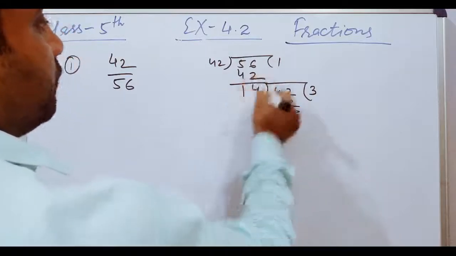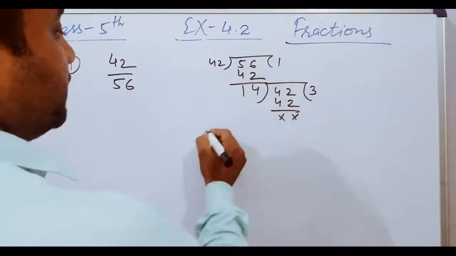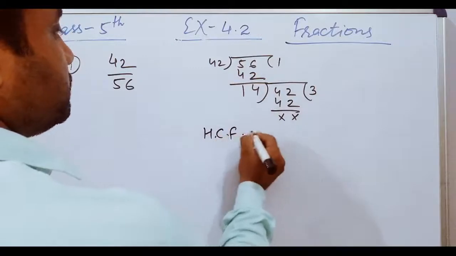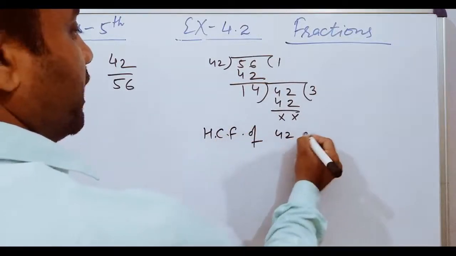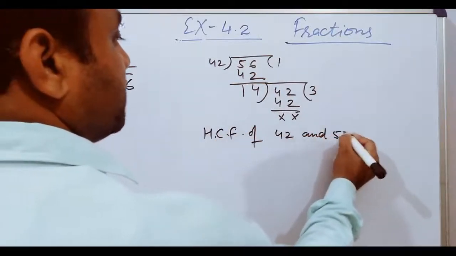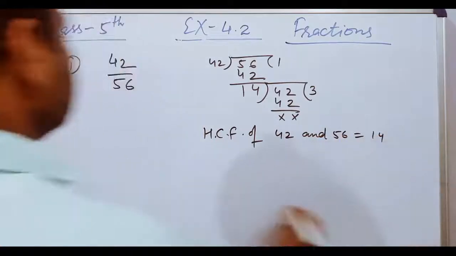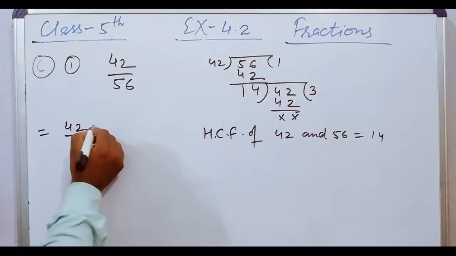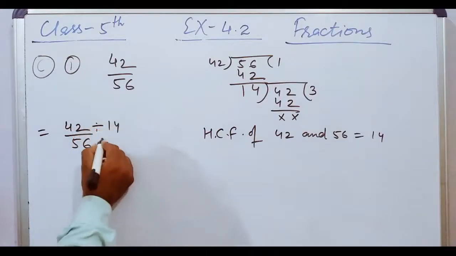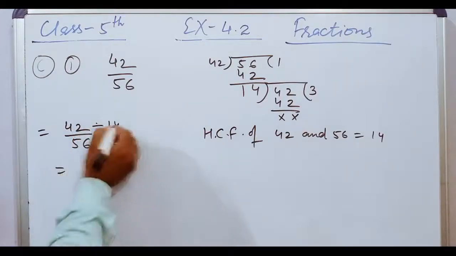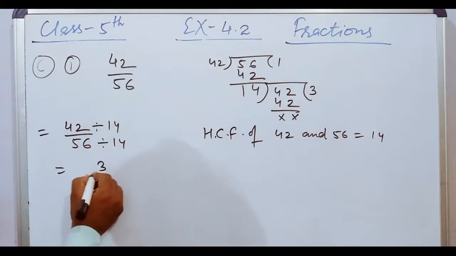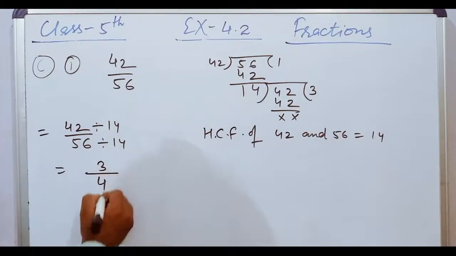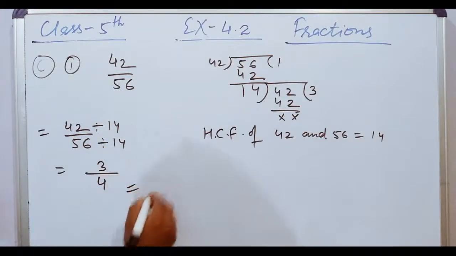Then by 14 we divide exactly. Then HCF of 42 and 56 equal to 14. So 42 upon 56 divided by 14. 14 3s are 42. 14 4s are 56.